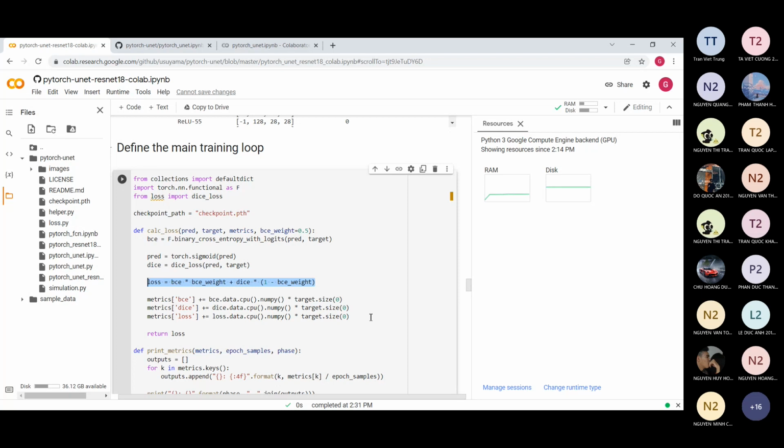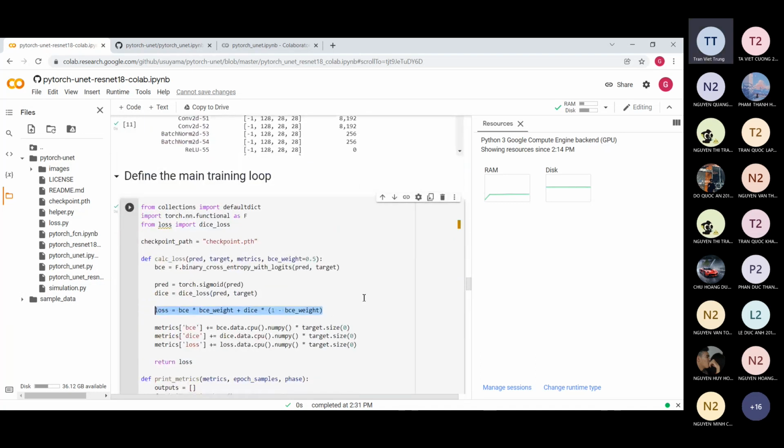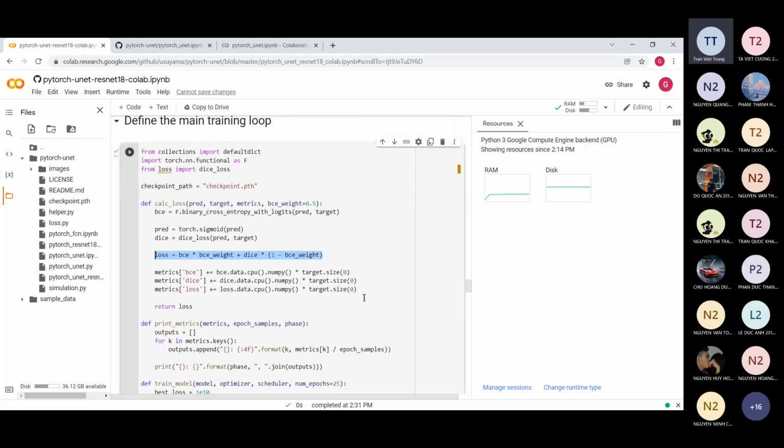They use a BCE weight, something like a trade-off between BCE loss and dice loss. It's the way they combine the BCE loss and the dice loss. The BCE weight is 0.5. I think it's a hyperparameter, but I don't understand why they use this number.